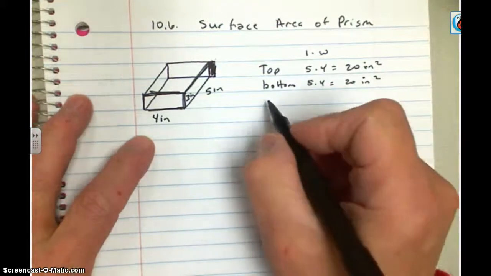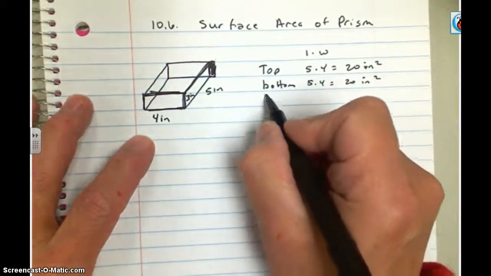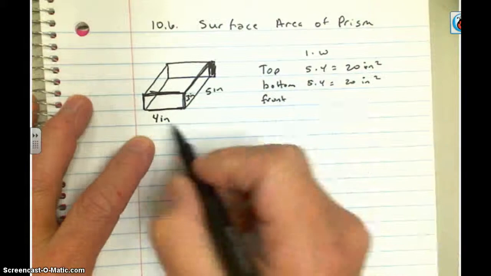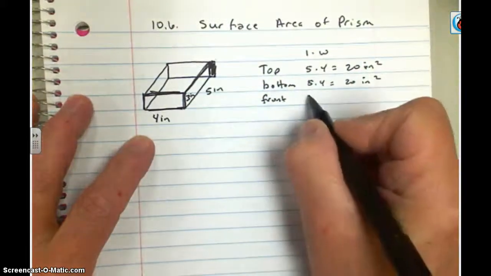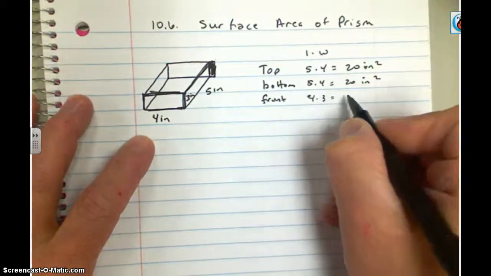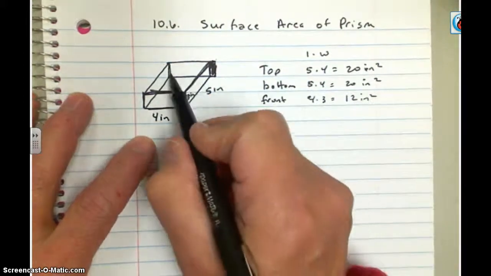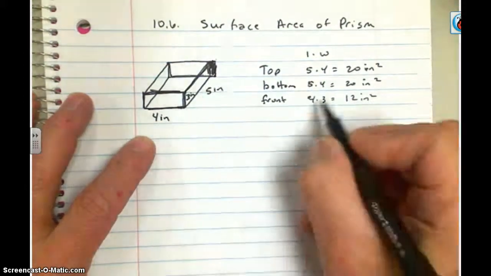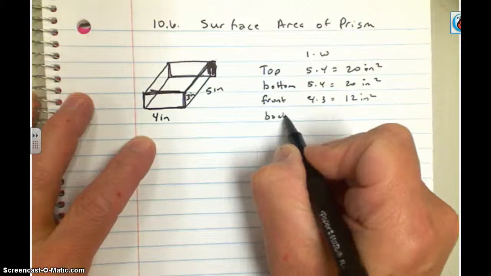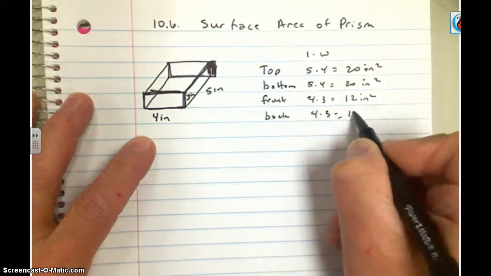Now let's find the area of the front of this prism. We have 4 inches by 3 inches, which is equal to 12 inches squared. The back is the same, 4 by 3, which is again 12 inches squared.